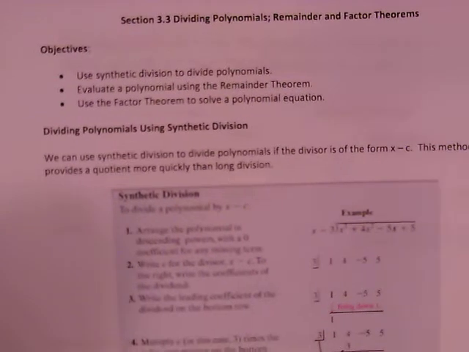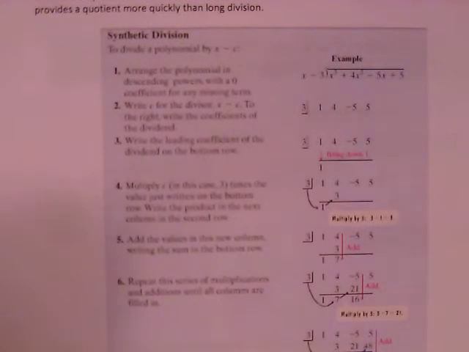Alright, now on that first page you'll see the blue box representing the synthetic division approach. So to divide a polynomial by x minus c, we have to do these seven steps. Number 1, you want to arrange the polynomial in descending powers with a 0 coefficient for any missing terms.